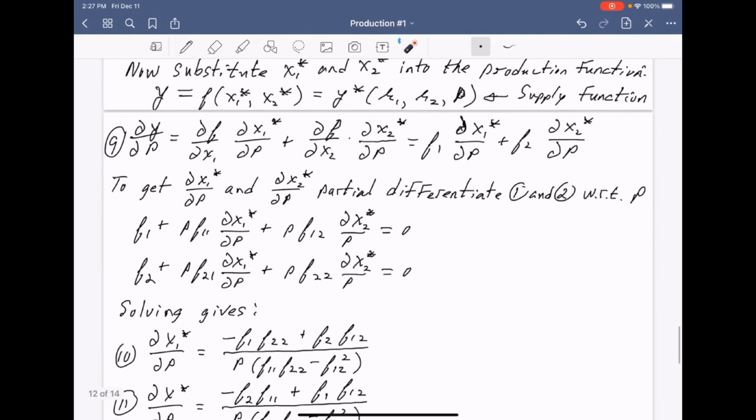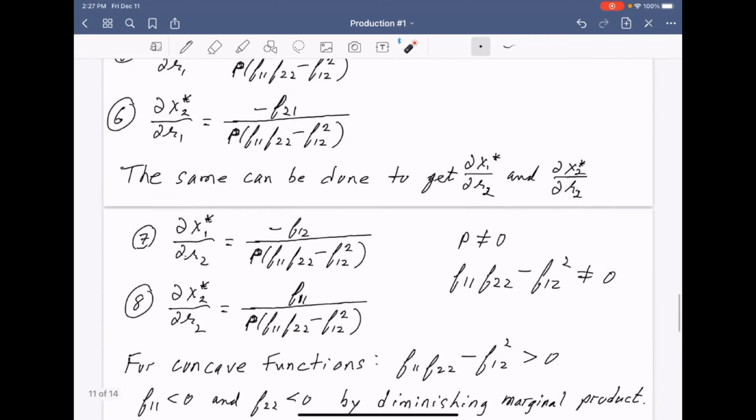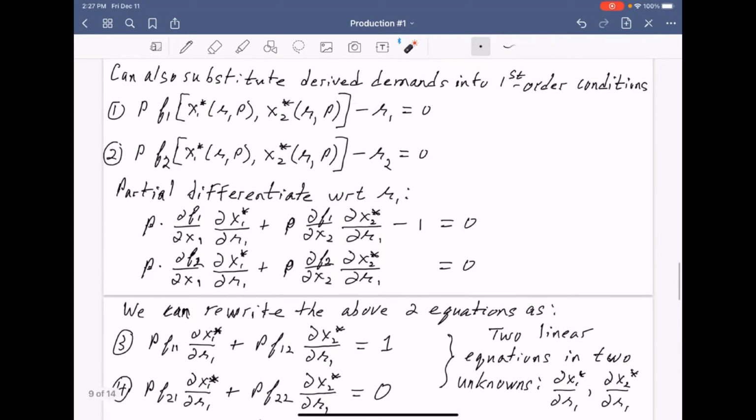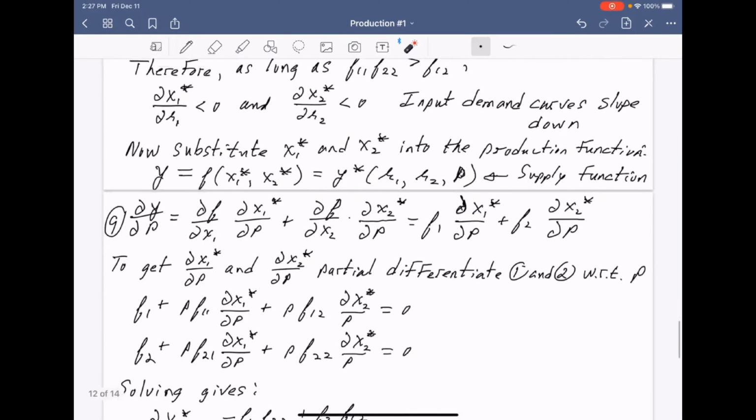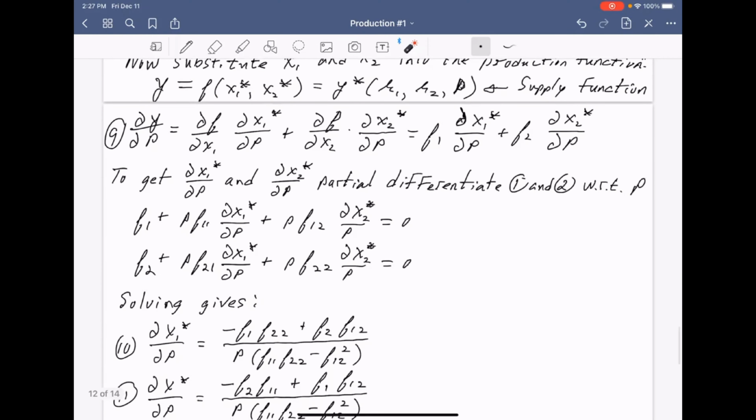To get the partial of the input demands with respect to price, both for x1 and x2, we partially differentiate equations 1 and 2 above. All right, these equations way up here. We're going to differentiate those with respect to price.